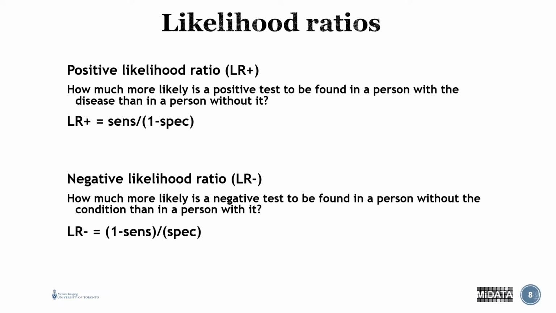How you calculate it is sensitivity divided by 1 minus specificity, which you'll remember is the false positive rate. Now, a negative likelihood ratio is how much more likely is a negative test to be found in a person without the condition or disease than a person with it. So the negative likelihood ratio is 1 minus sensitivity over the specificity.